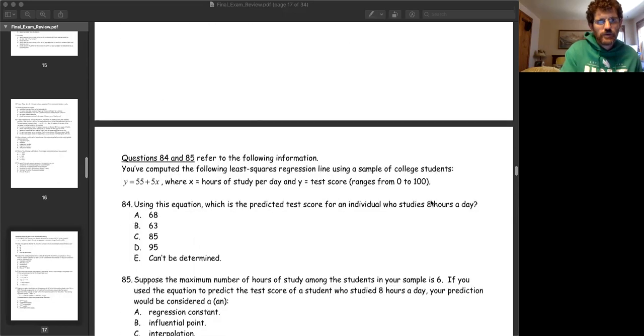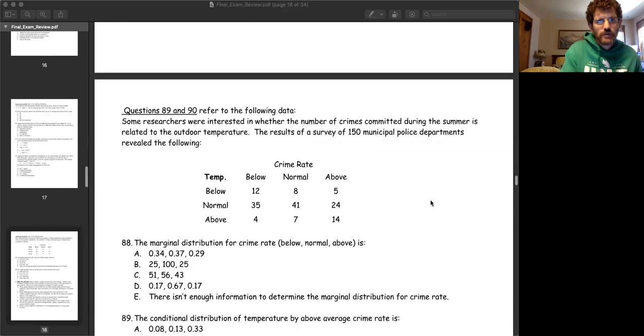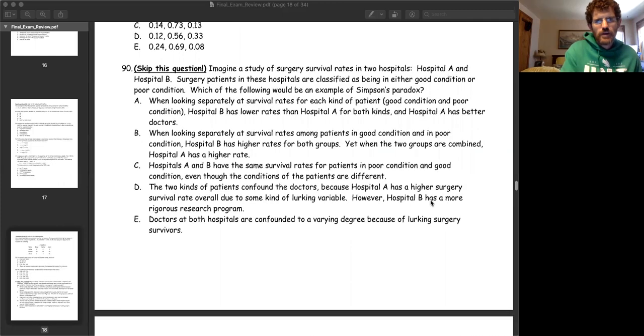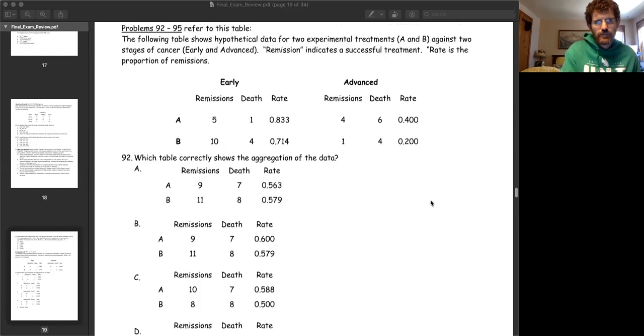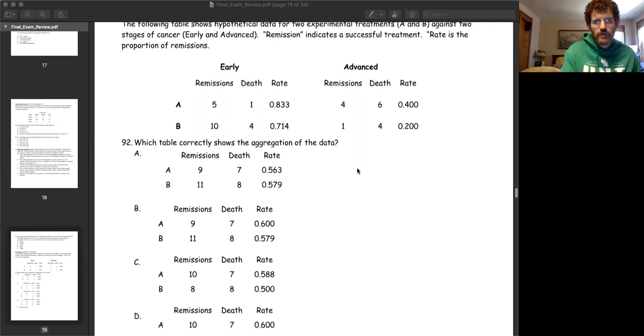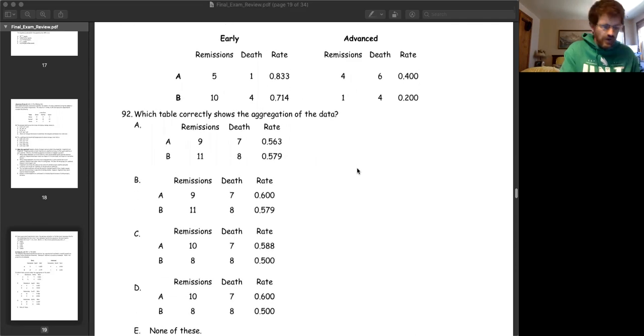92. All right, so we're just looking to explain this situation a little bit. We've got early stages of cancer in this group, advanced stages of cancer in this group, and we've got 2 treatments being tested, or this is an observational study.